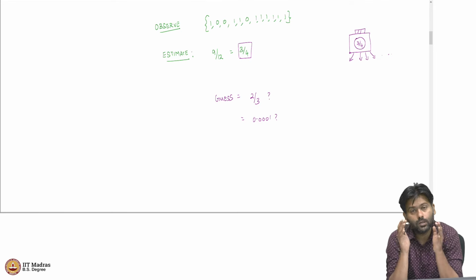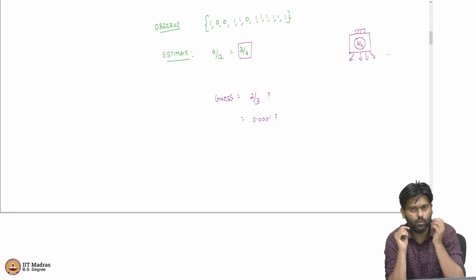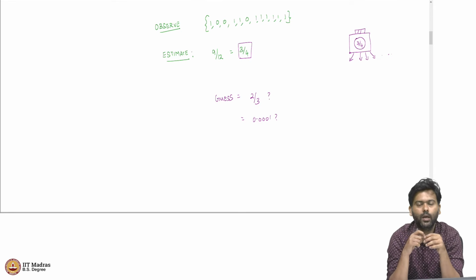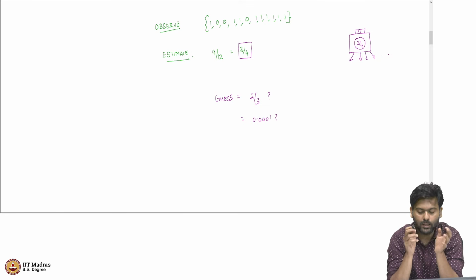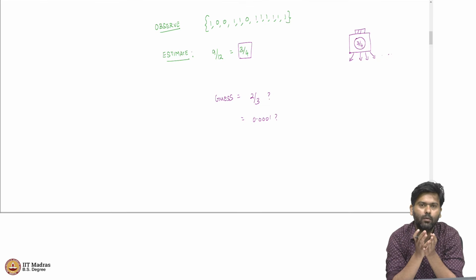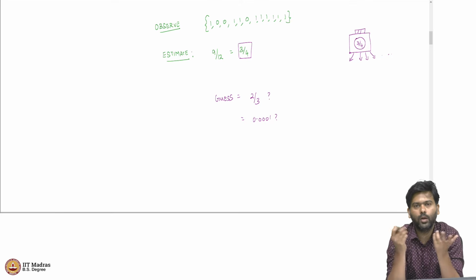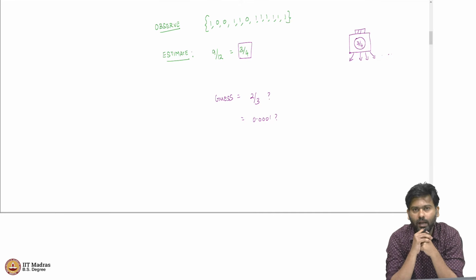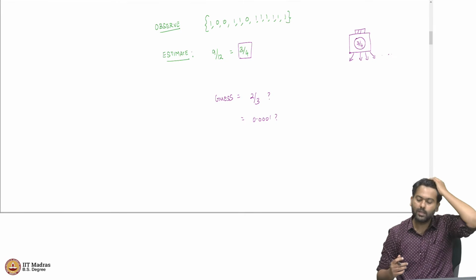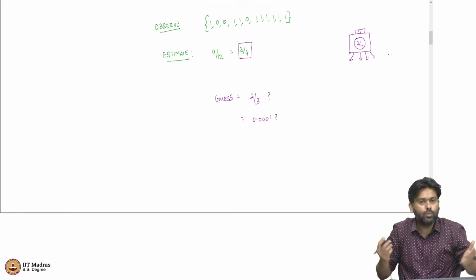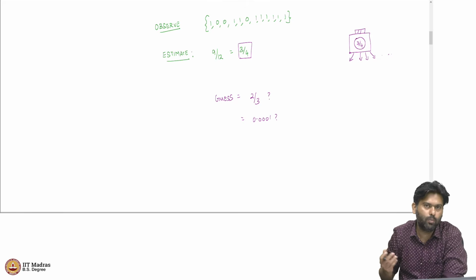Of course, my data is not representative of this model where P is 0.001, which means that I must have had an extremely unlucky day that I see 9 heads out of 12 when the chance of falling heads is 0.001, 1 in 10,000, right. That is a very rare event, but that does not mean that it cannot happen. It could have happened, which means both 2/3 and 0.001 are still possibilities.